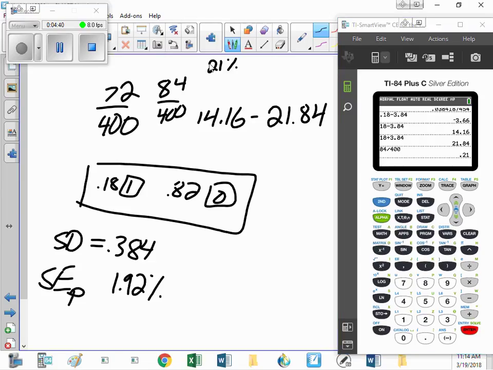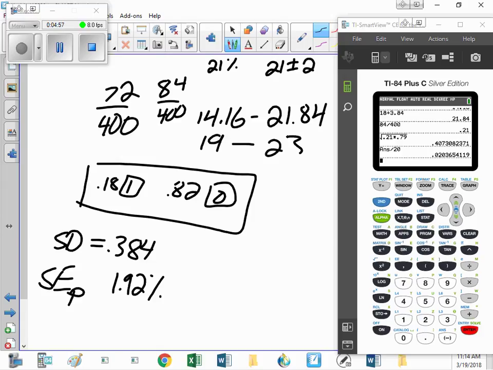And then I have to do the square root of 0.21 times 0.79. And I'm going to divide that by 20. So it's 21 plus or minus 2, 19 to 23. That's my second confidence interval. Oh, we got to double it. You're right. Sorry. So we double this to 4. So 17 to 25. Thank you.